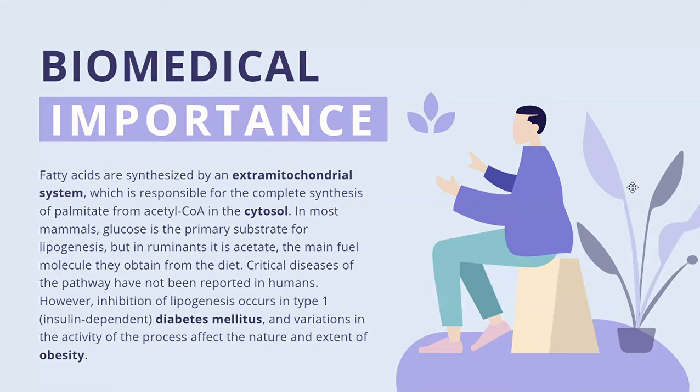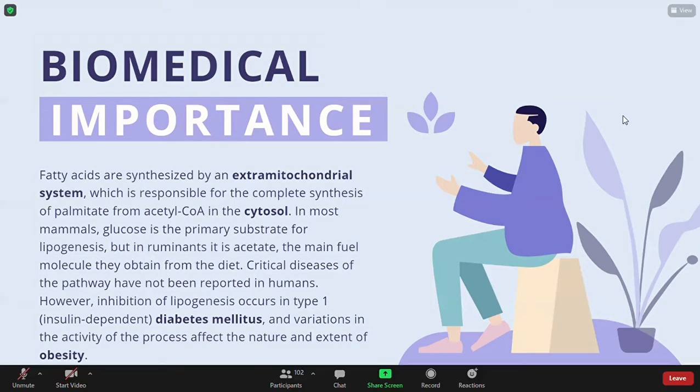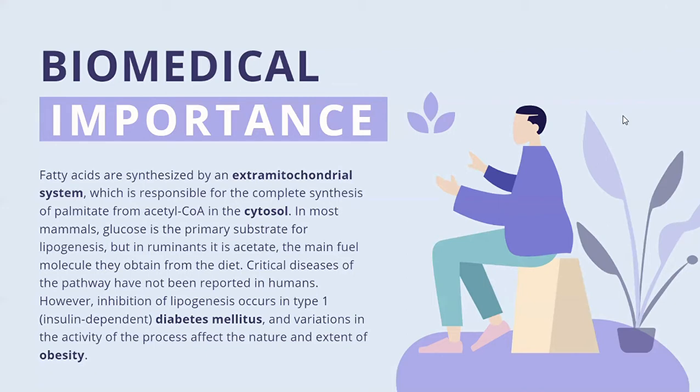So, inhibition of lipogenesis occurs in type 1 diabetes mellitus, or what we call insulin dependent, also known as juvenile diabetes mellitus.